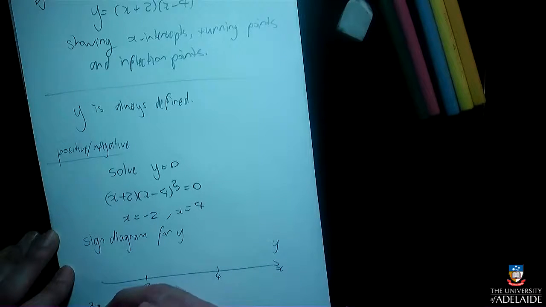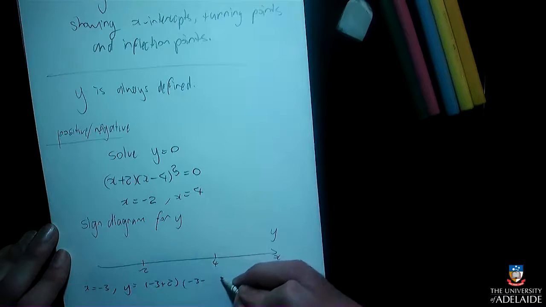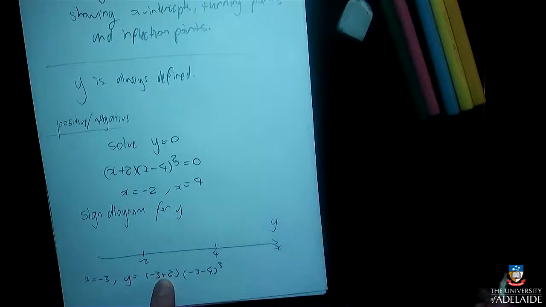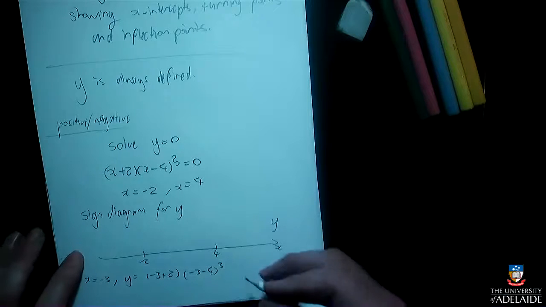So when x is equal to something below minus 2, say negative 3, y is (negative 3 plus 2)(negative 3 minus 4) cubed. Now that's a negative number, because it's negative 1, and when you cube a negative number, it's still negative. So negative times negative is positive.